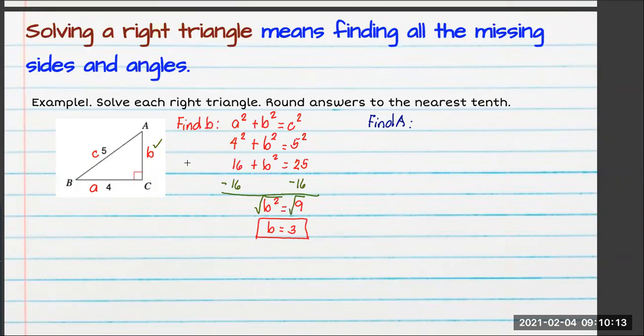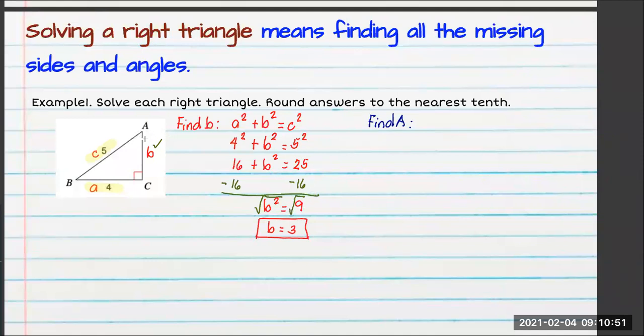But again, let me tell you that if you use your answer for the first step and this is incorrect, the A would also be incorrect. So what I would encourage you to do is to use the parts that are given. So in this particular case, we are given the C and the A, which is 4.